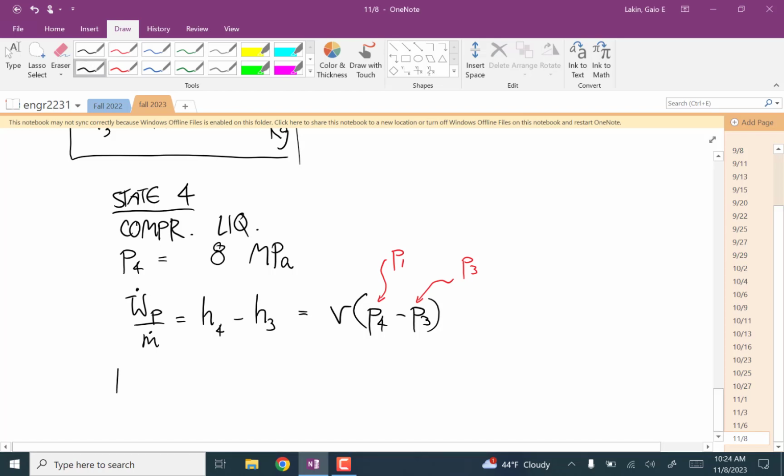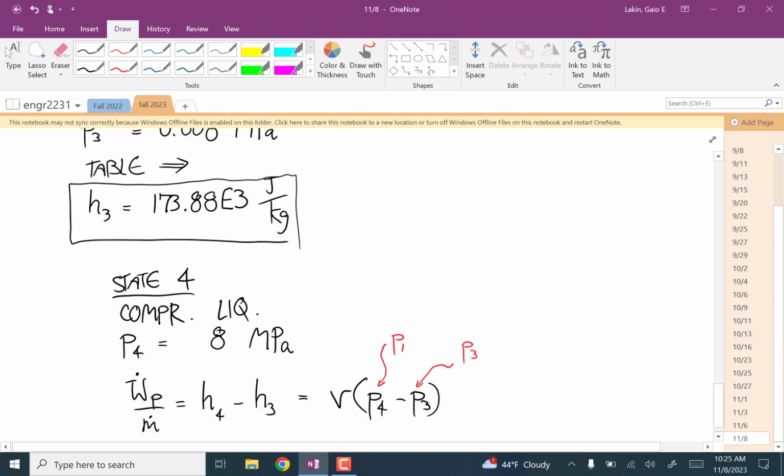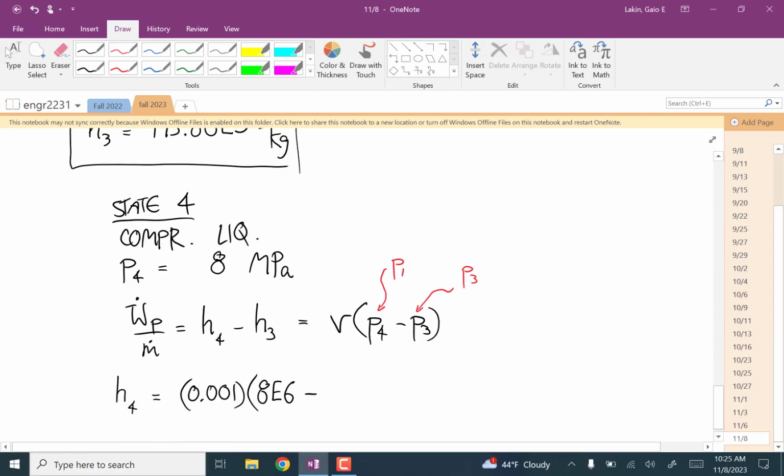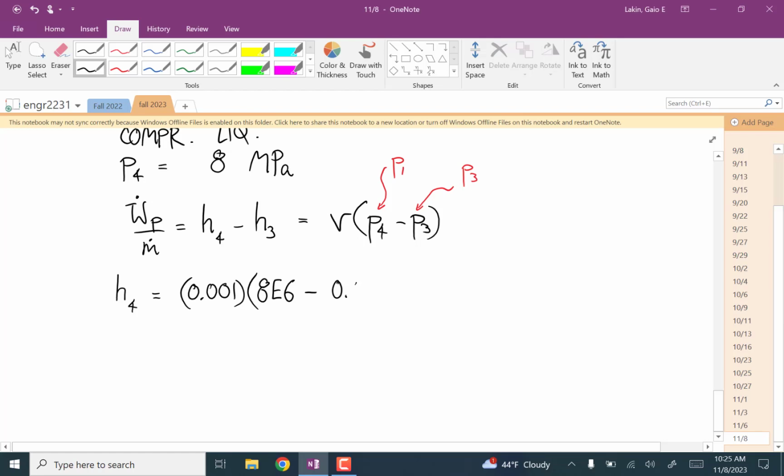And so H4 is just going to be equal to the specific volume. I'll use 0.001 times 8 times 10 to the 6 minus the pressure at 3, 0.008 times 10 to the 6.